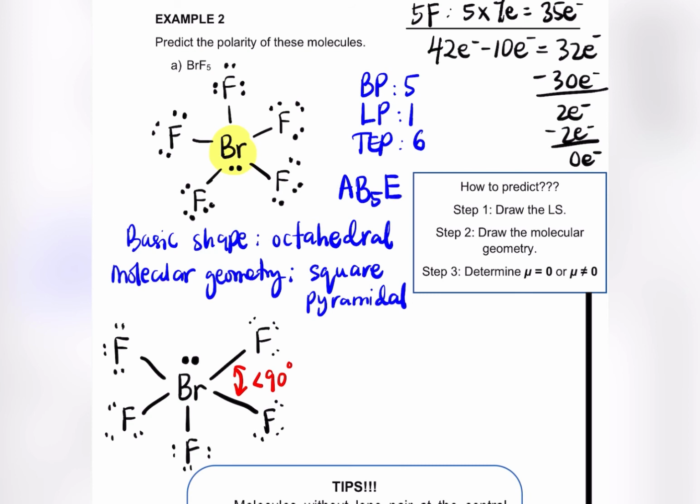And then what's next? Kita akan tentukan your direction of dipole moment. So between bromine and fluorine, the most electronegative adalah fluorine. So maknanya direction towards kepada fluorine. So how you want to draw?